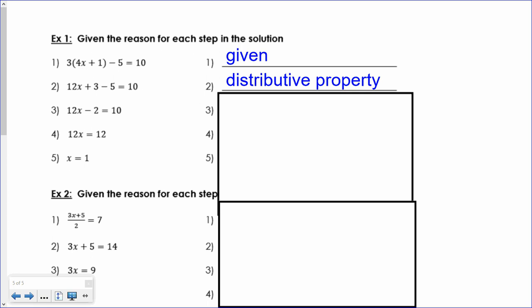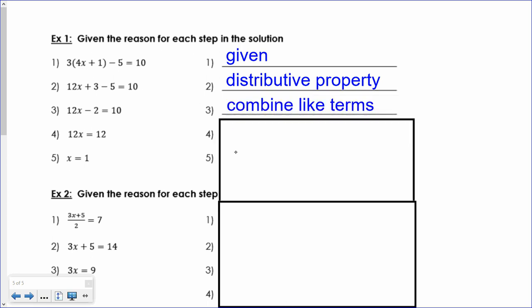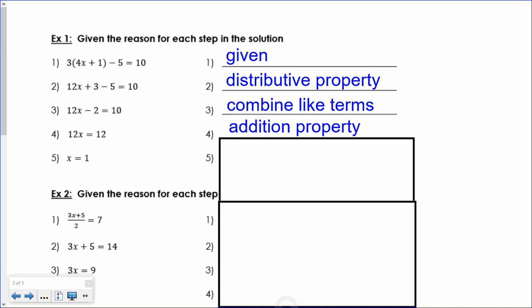Then from step 2 to step 3, what did I do? Okay, so that's not a specific property, you can just say combine like terms. And then from step 3 to step 4, it's the addition property.